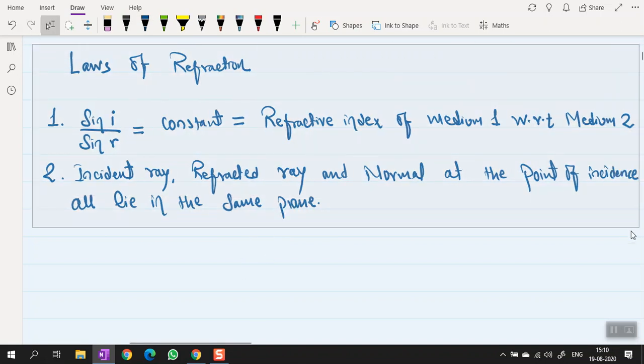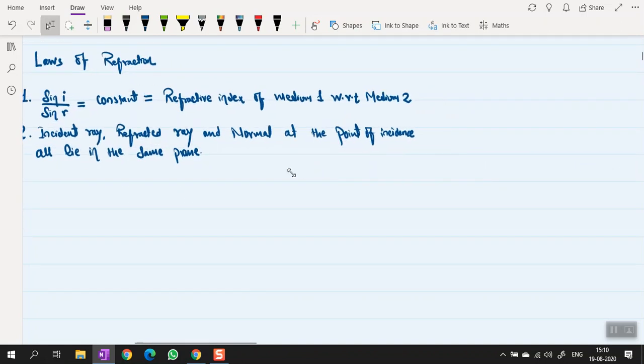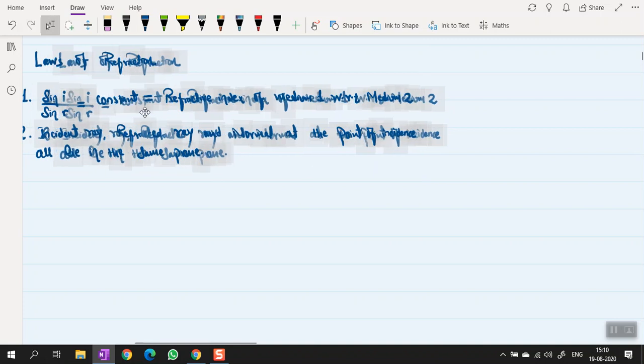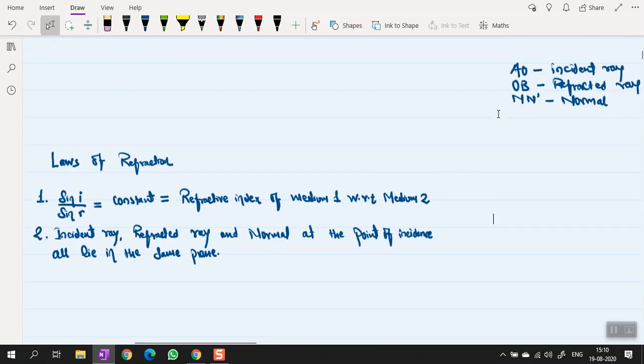Okay, so let me highlight this part by giving you an example. We have our two laws of refraction, and the first one says that sine of angle of incidence upon sine of angle of refraction is always a constant number, which is known as refractive index of medium 1 with respect to medium 2.